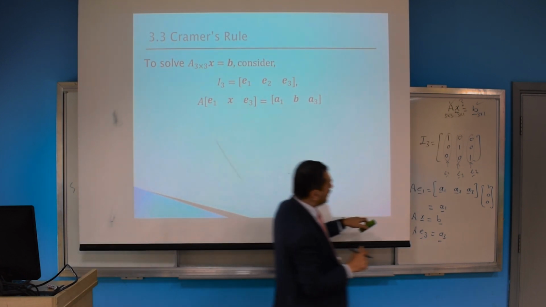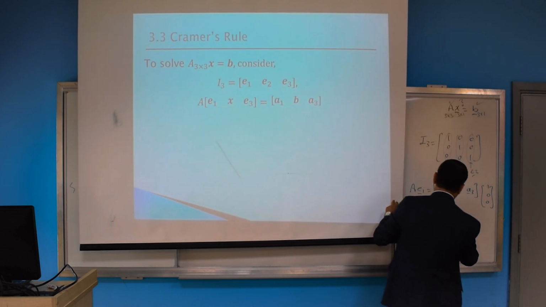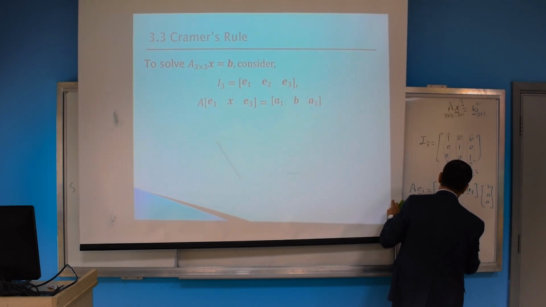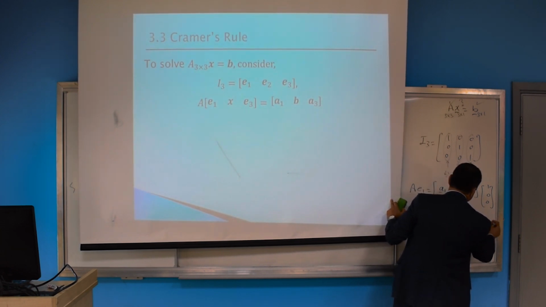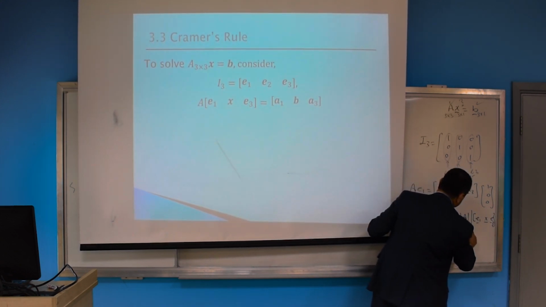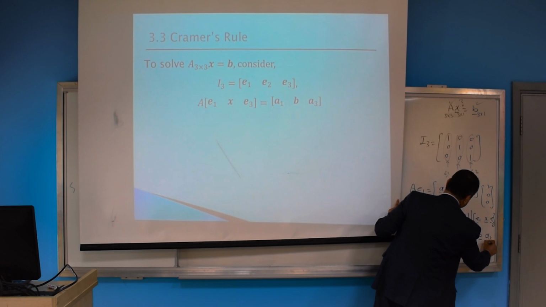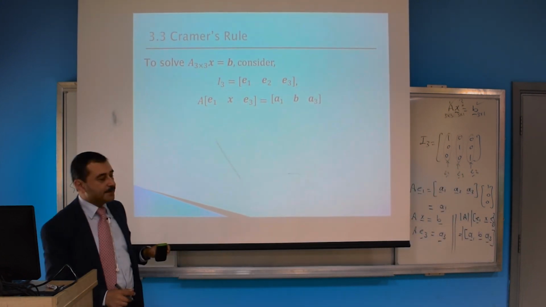So on the left hand side, I'll get the determinant of A times the determinant of this matrix containing E1, X, E3. And this equals the determinant of the matrix E1, B, A3.